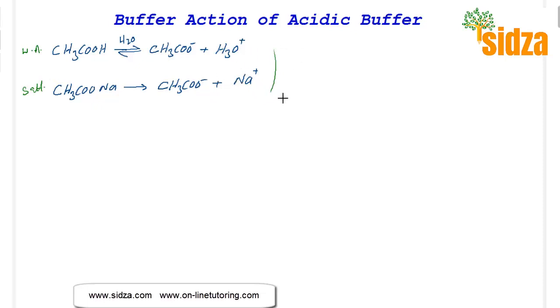Now this is our buffer solution, and what happens if you add acid? If you add a small amount of an acid, how will this resist the change in pH?